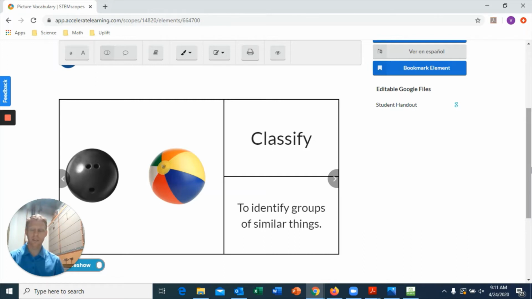The second question is, does the matter sink or does it float? I want you to take a moment and think about how we could do that. Of course, we've mentioned in class at some point during the year that we would just put things in water. If it stays on top, it's floating. If it goes to the bottom, it sinks. And our last question, is the matter magnetic?